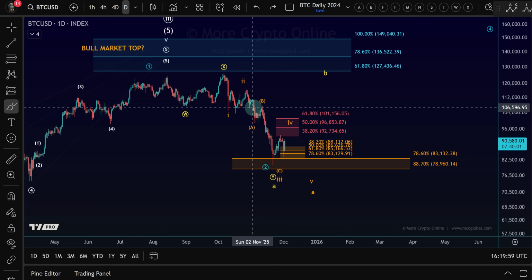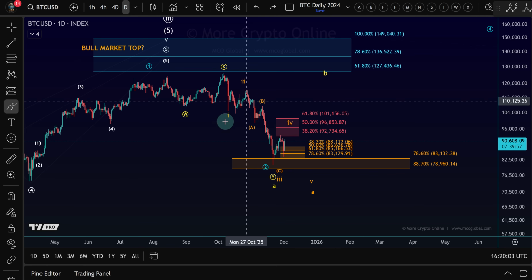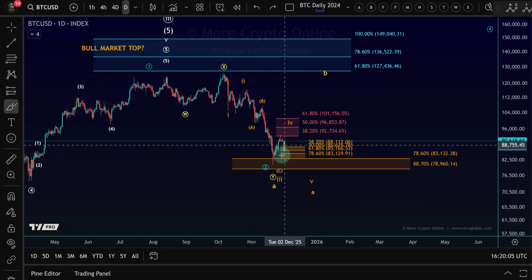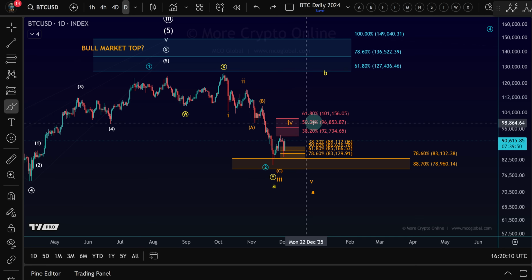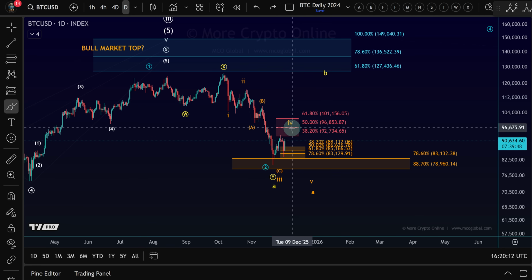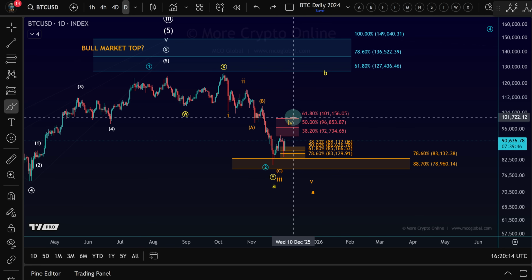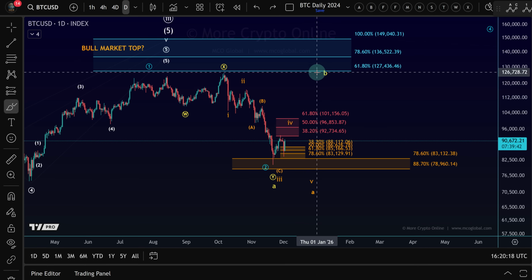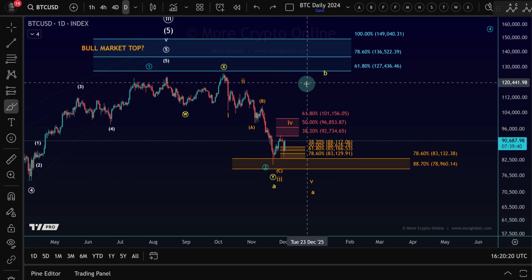The market isn't always following the perfect scenario, but we have a promising reaction to our first support zone, yeah? So if we go higher, then the market has a good chance to reach 96,850 next, but a break above 101,150 would open the door to more directly bullish interpretations, all right?